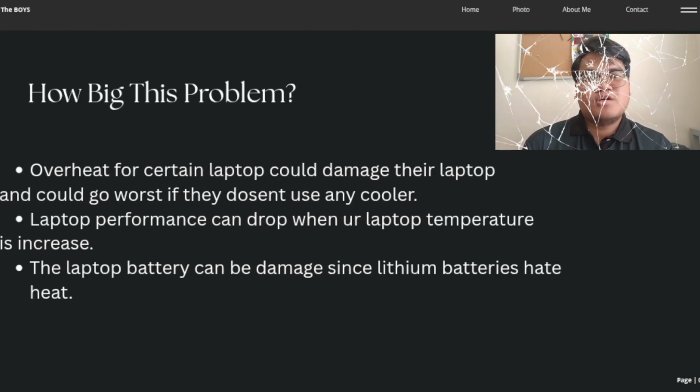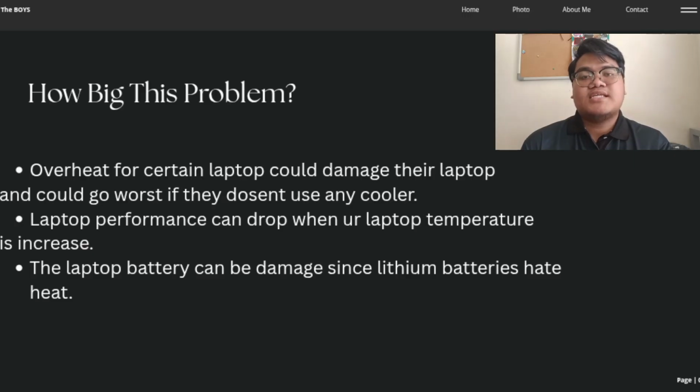How big is this problem? Overheating is a serious issue for many laptop users. Firstly, when a laptop overheats, it can damage internal components such as the CPU and GPU. This problem becomes worse if users do not use any external cooling solution like a cooling fan. Secondly, laptop performance drops when the temperature increases.